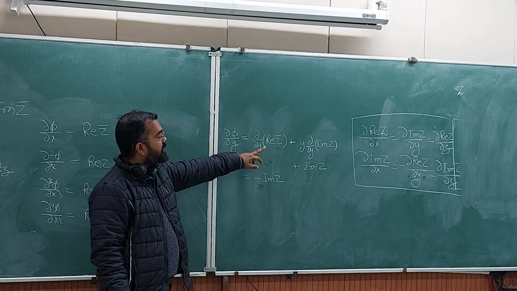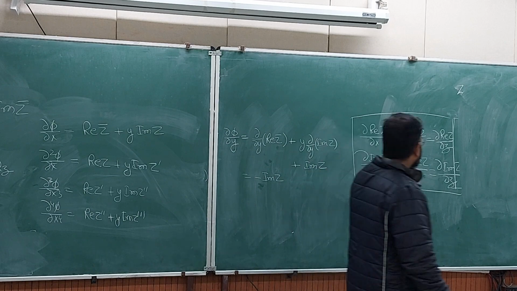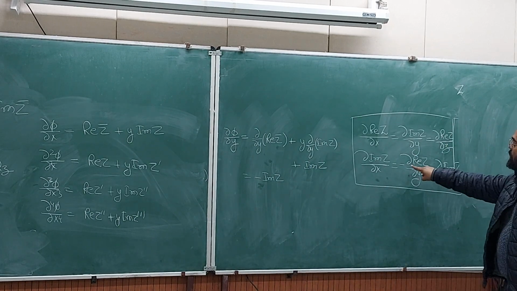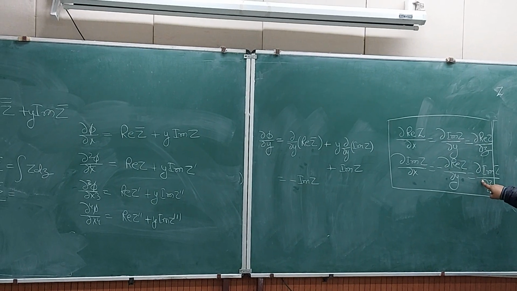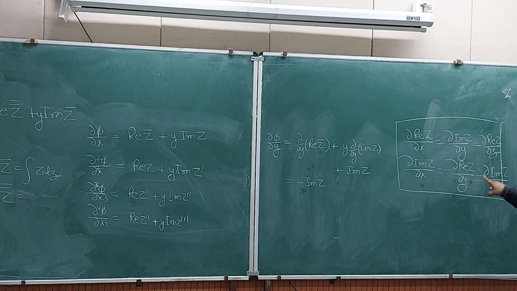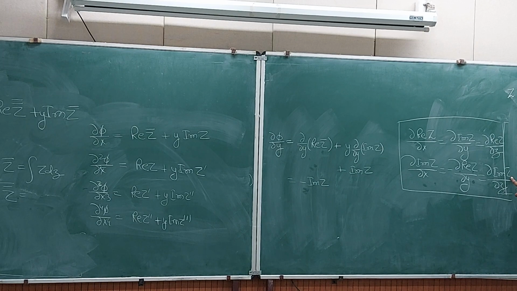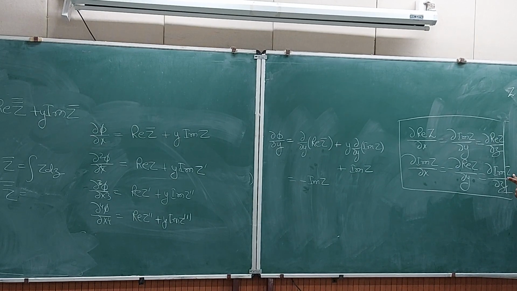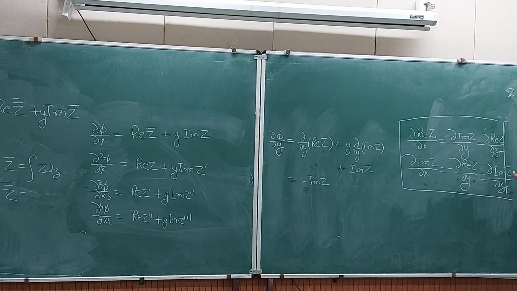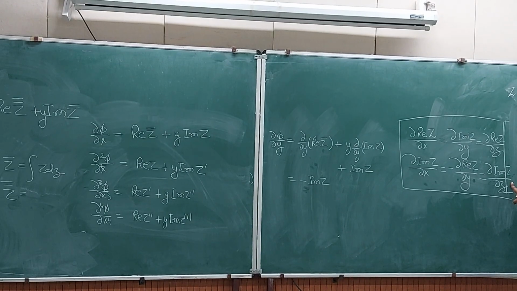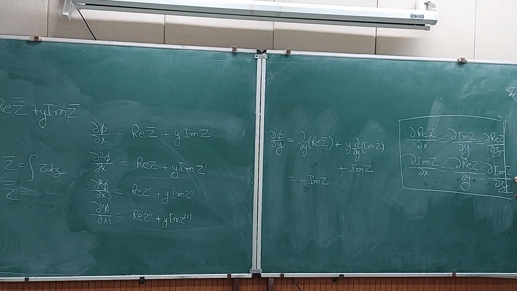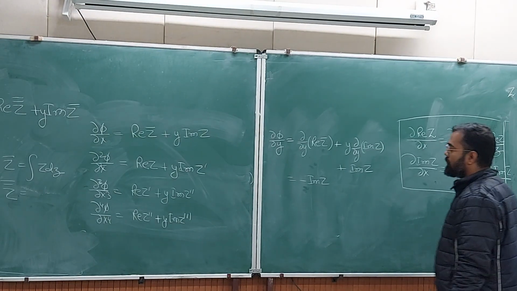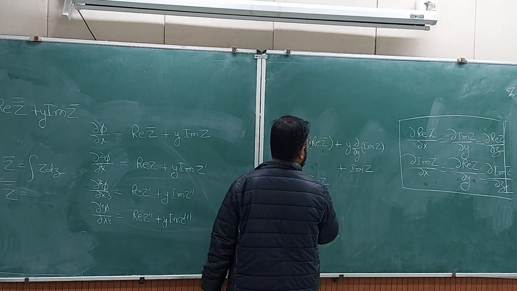See, del y of real part of z. Now we have to use CR. So del y of real part of z is equal to this, right? So that is negative of del z of imaginary part of z. Instead of z we have z bar. So what will be the differentiation of z bar? It will be z. So then we'll have imaginary part of z, right? So the first term is this.